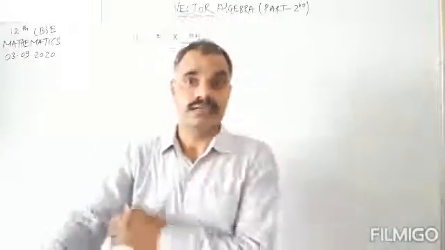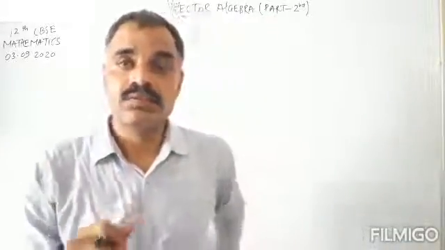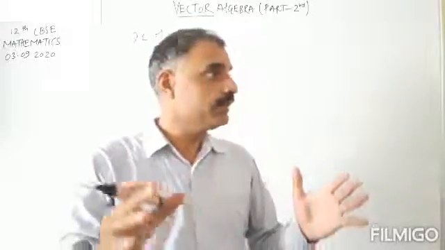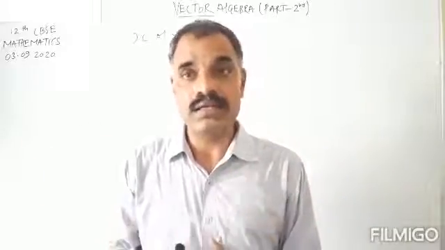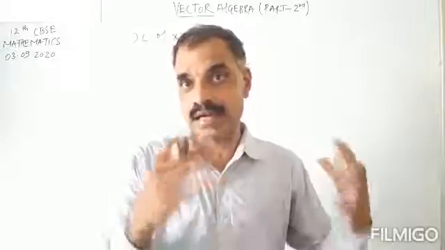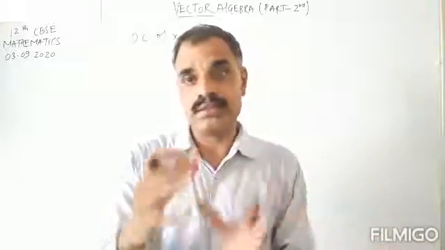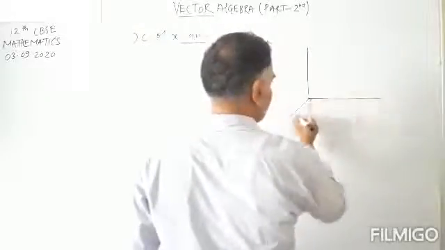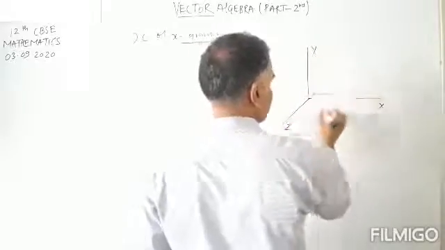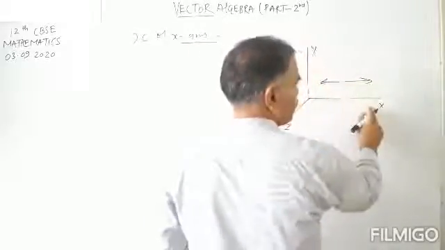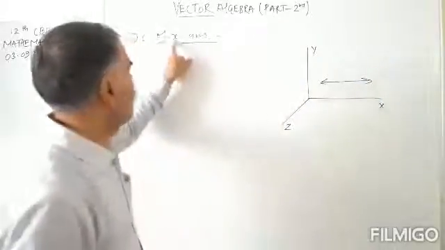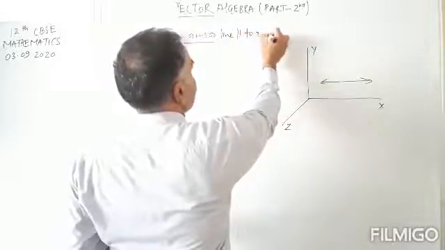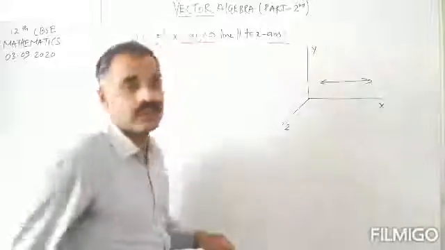Whenever we are finding the direction cosine of x axis, we will consider the angle made by the line parallel to x axis with x axis, y axis and z axis. Okay, so this is x axis, y axis and z axis, and any line parallel to x axis. We want to find the direction cosine.